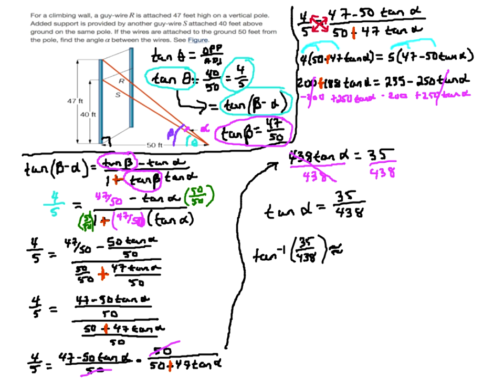And when I put that into my calculator, I get that it's approximately 0.0797392416. So that is alpha.